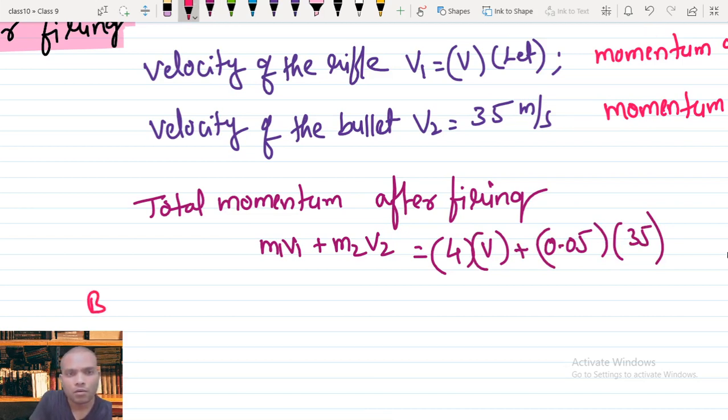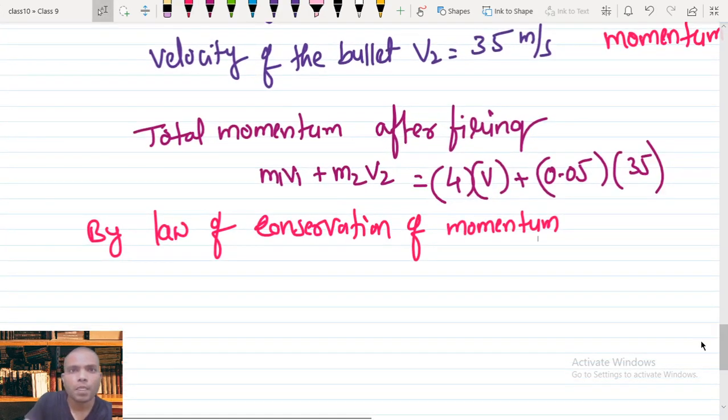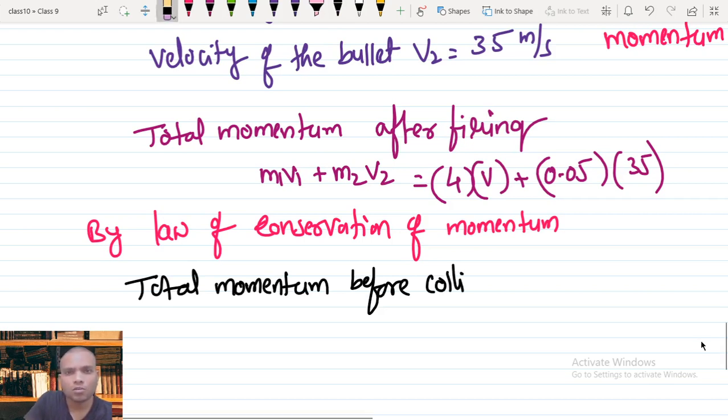Now by law of conservation of momentum, the total momentum before collision, or here no collision, we can take that as firing.